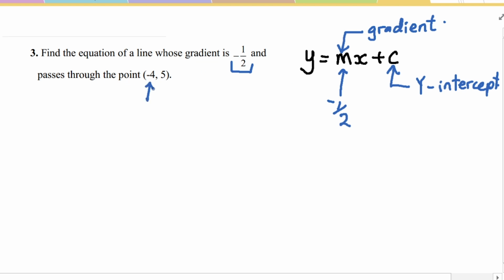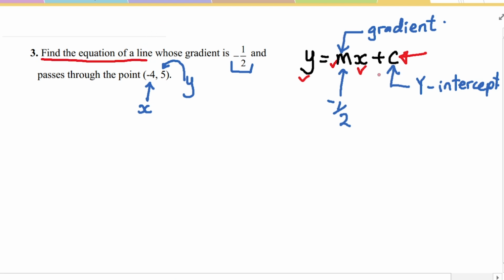It means that -4 is our value of x and 5 is our value of y. So we have a value for y, a value for x, and a value for m, the gradient, and all we need to find is the y-intercept. After finding the y-intercept, we can reformulate the equation, because they want us to find the equation of the line.